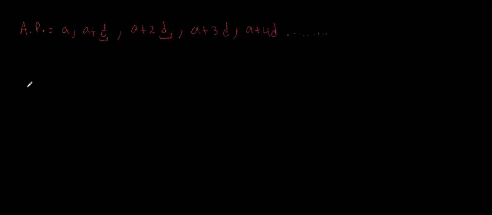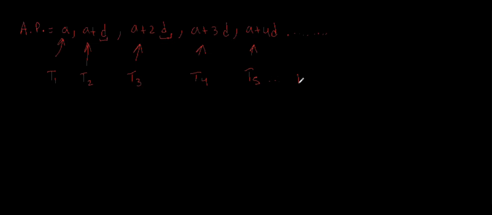Because in the last video, I just showed the basics. So the first term, we will call that T subscript 1. The second term, T subscript 2. Third term, T subscript 3. T subscript 4. T subscript 5.